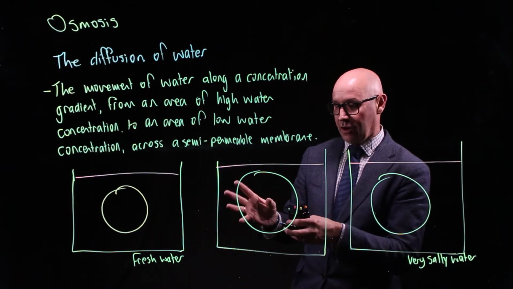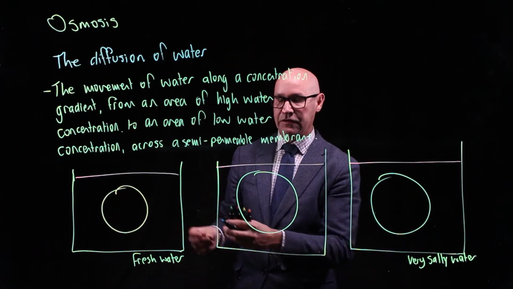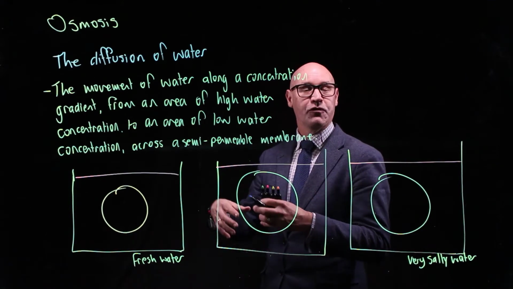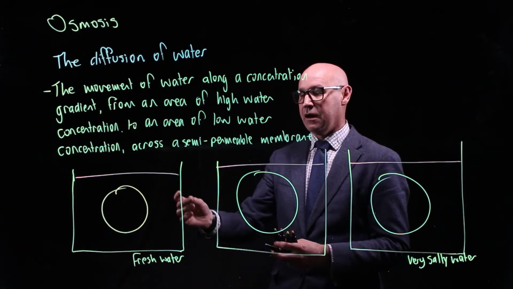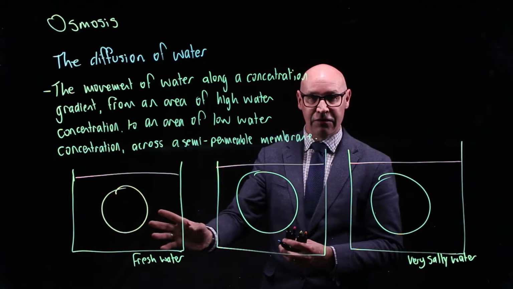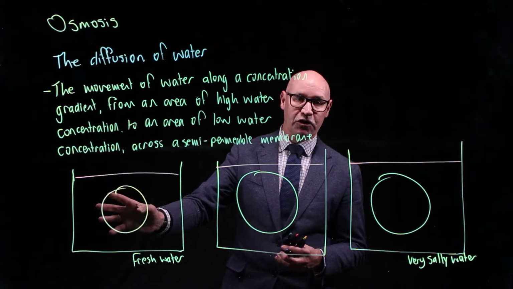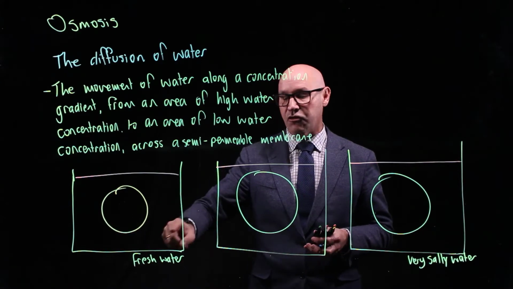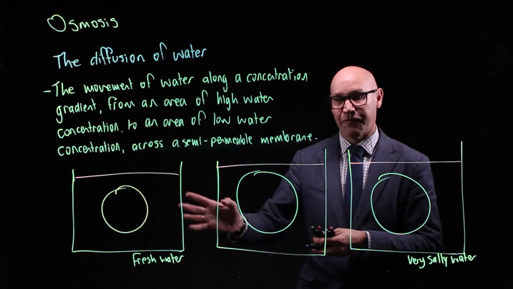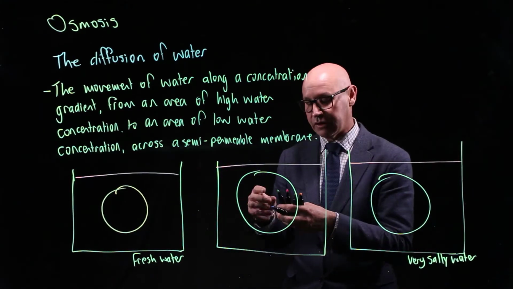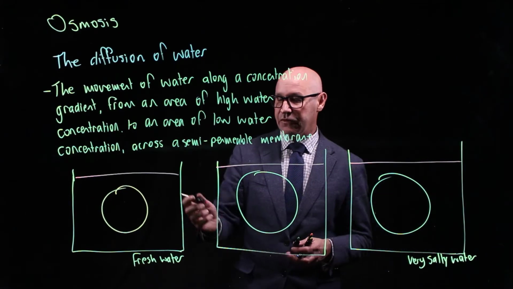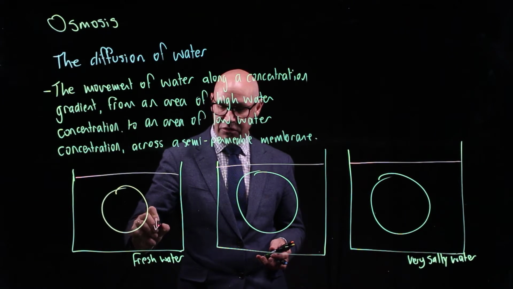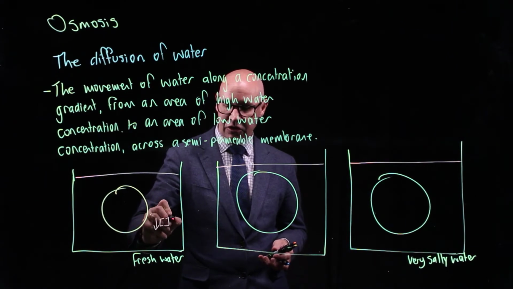Okay. So, inside our potato, we have got salt and we've got water. Now, what we're interested in here is the difference between the concentration of salt and water in our potato versus in the water on the outside. Now, fresh water, I mean it's got no salt in it. So what we're going to say is the water on this outside has got a low concentration of salt.